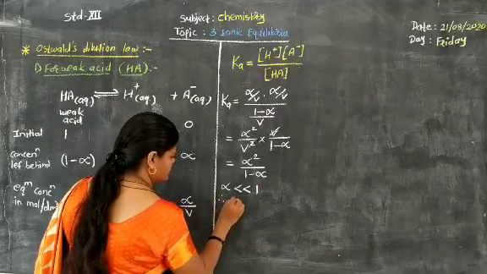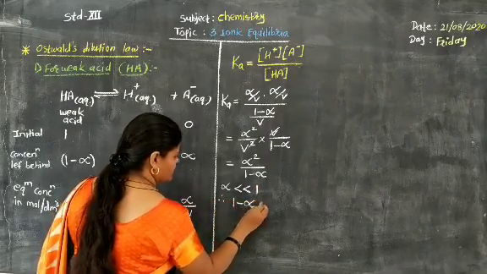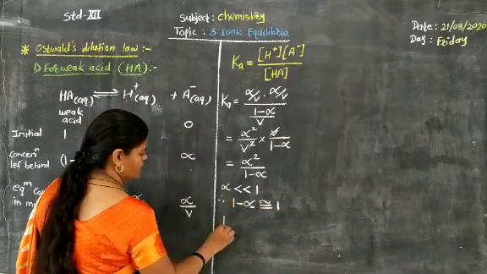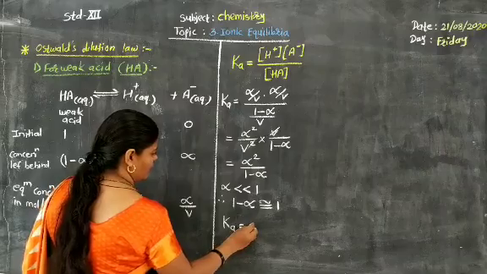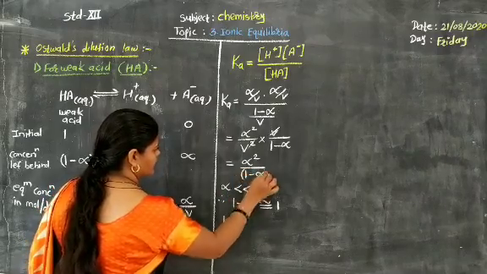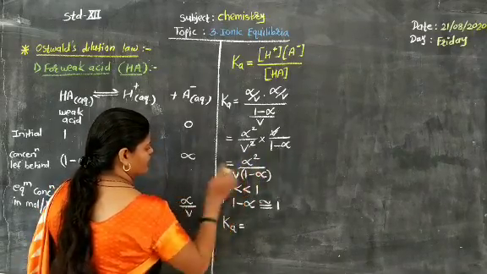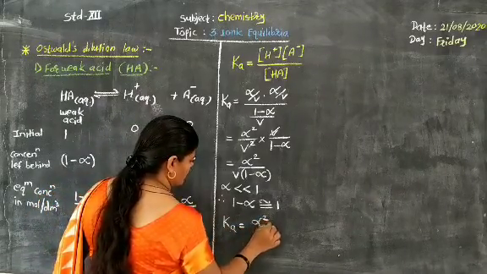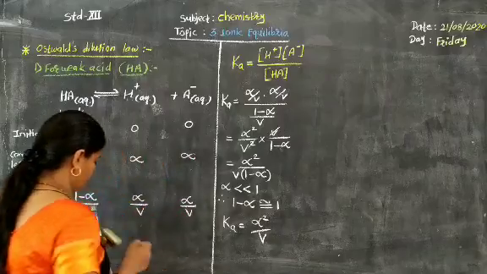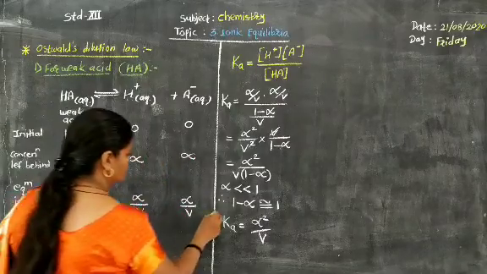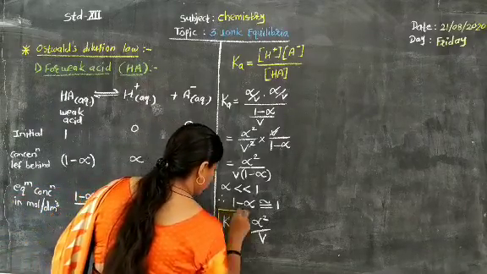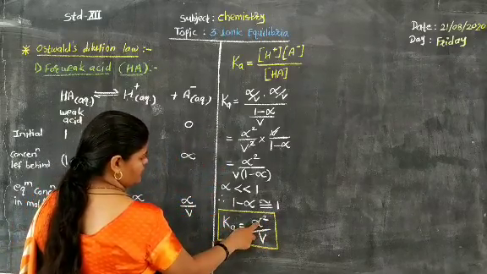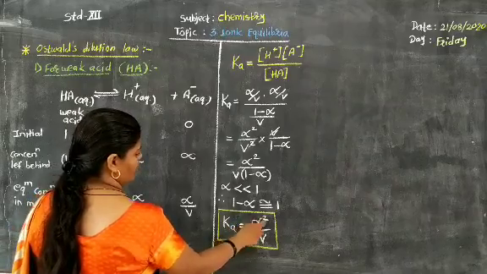Therefore, we can consider 1 minus alpha is approximately equal to 1, and hence the formula becomes Ka is equal to alpha square upon V. One of the most important formulas for dissociation constant, which gives the relation between dissociation constant of weak acid and degree of dissociation: Ka is equal to alpha square upon V.